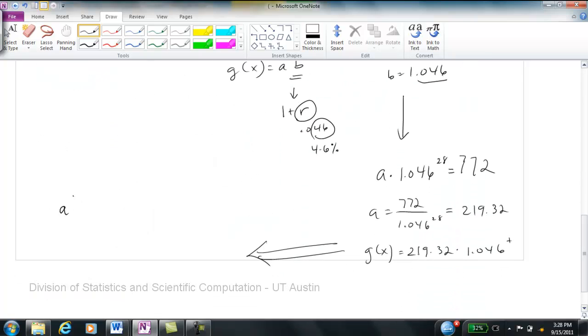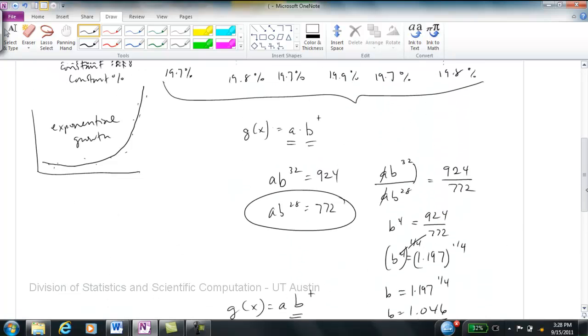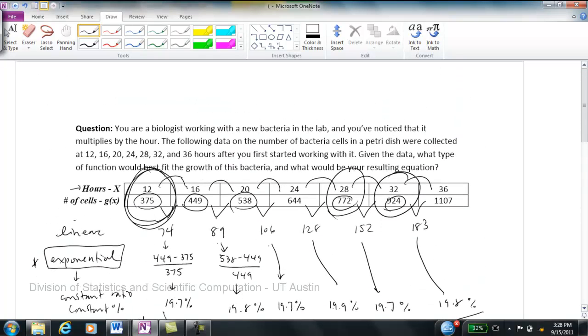We're expecting that ab^t is going to look like this: 219.32 times 1.046 to the 12, we're hoping will equal 375. When we actually calculate it out, we get 376.2, which in my mind is pretty darn close, and I'm willing to say that our function over here is in fact an accurate representation of the data. Because remember again, it's not going to be perfect. We're going to have data outside, but that is essentially what our equation should be.